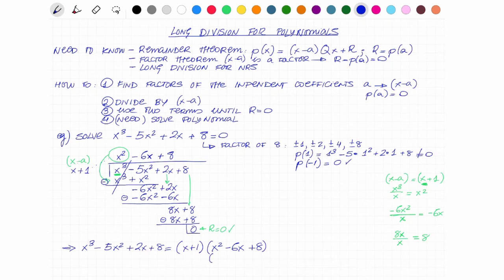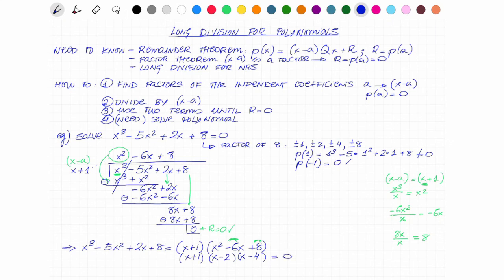I can factorize. Remember, 2 factors, 2 x's, and then 2 numbers that multiply to positive 8 and add to negative 6. Those are minus 2 and minus 4. So this one was quite straightforward to factorize.